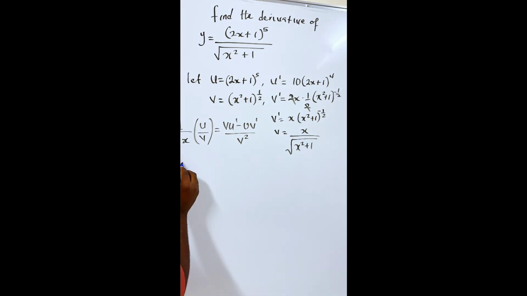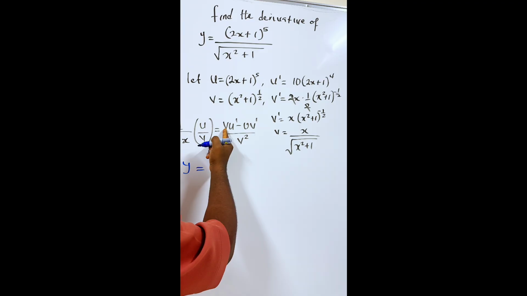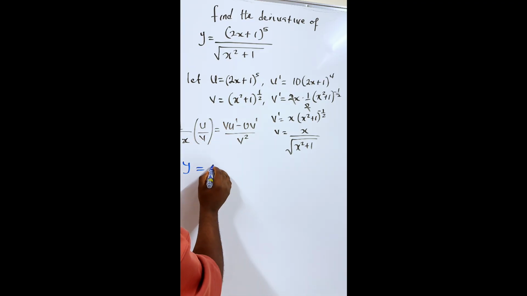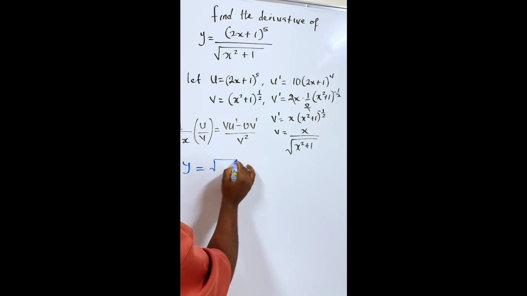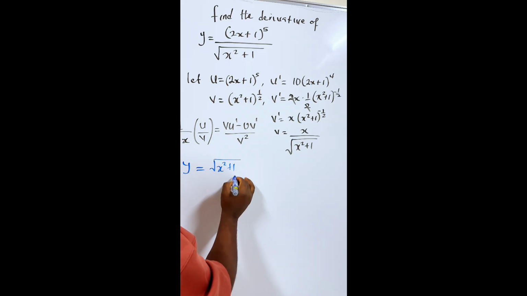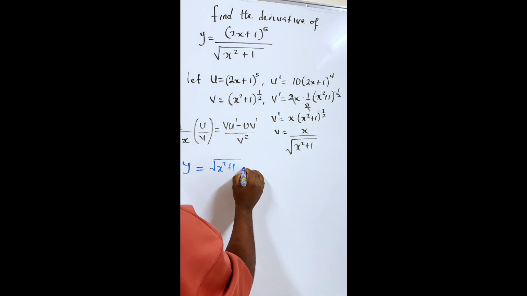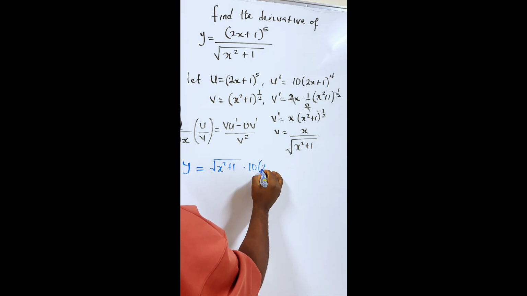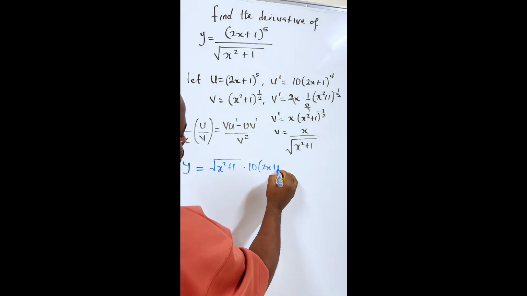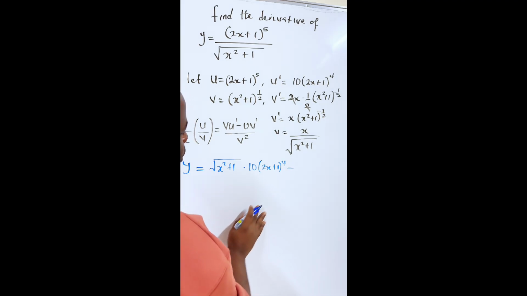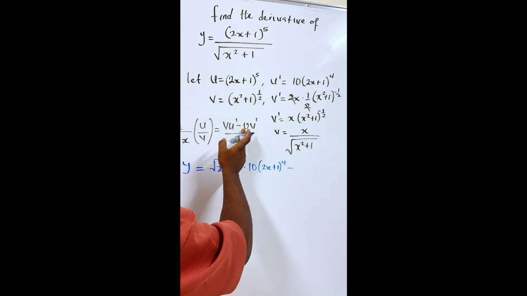So we now say y prime will now be equal to, what's our v? V is the square root of x^2 + 1. Then multiply by u prime. U prime is 10. Multiply by 10(2x + 1)^4. Then minus u.